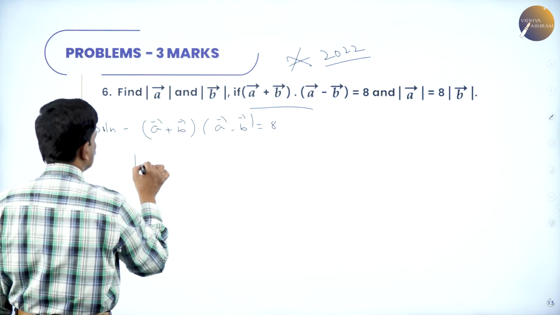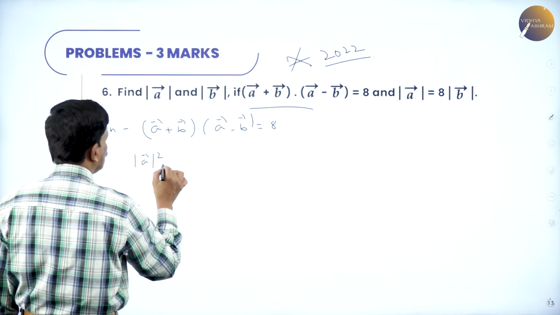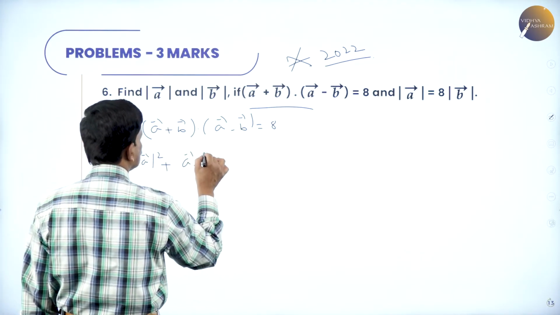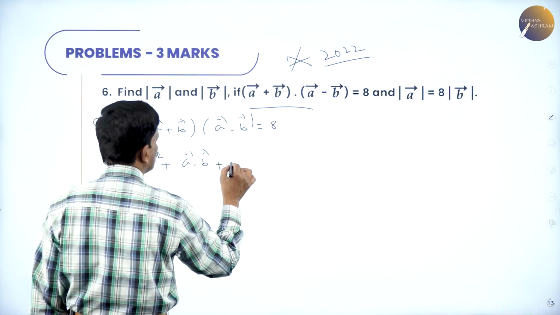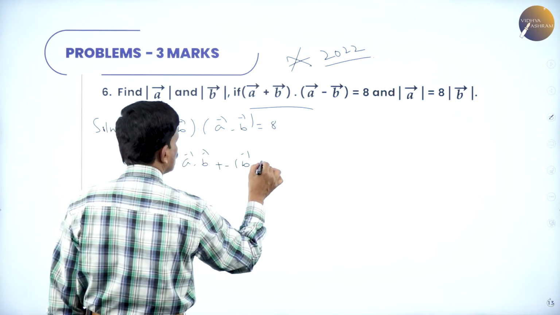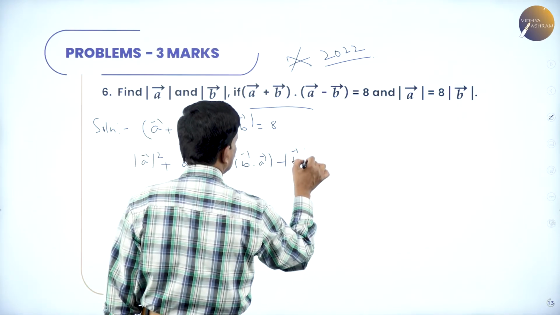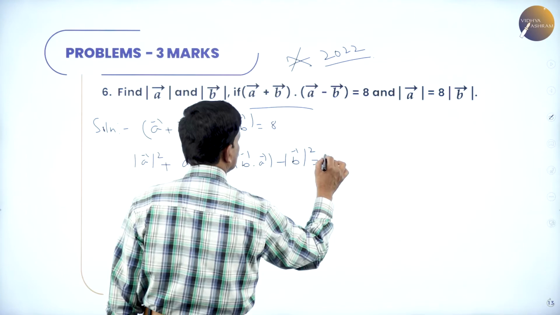Simplify this. So, this can be written as length of a into a is length of a squared, plus a dot b, plus into minus, minus of b dot a, again plus into minus, minus length of b whole square, is equal to 8.